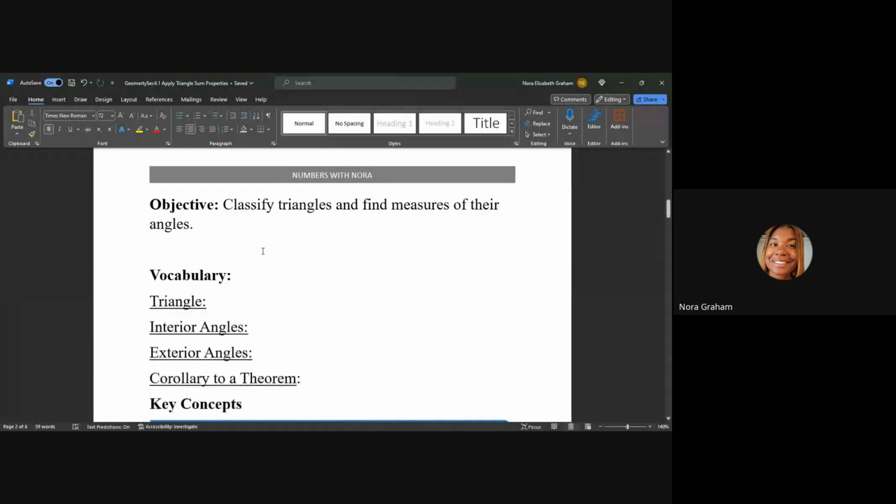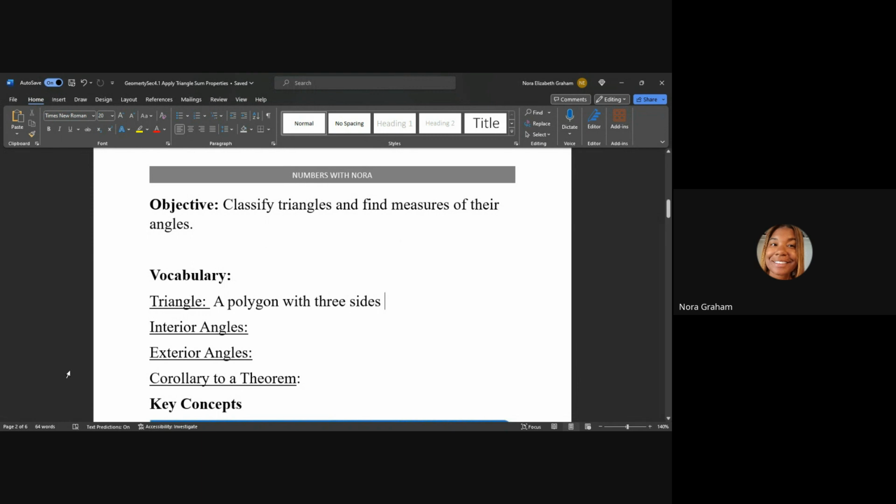So the objective of this lesson is to classify triangles and find measures of their angles. And as always, we're going to start with our vocabulary for this section. So the first one is going to be a triangle. A triangle is just a polygon with 3 sides. And then we're also going to look at interior angles of triangles.